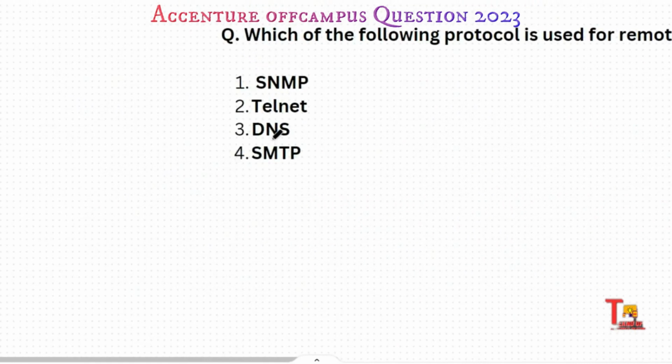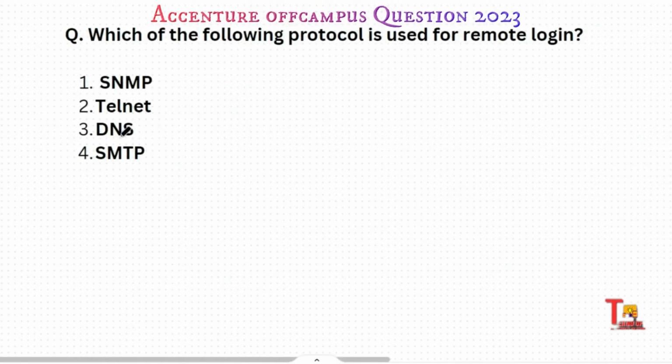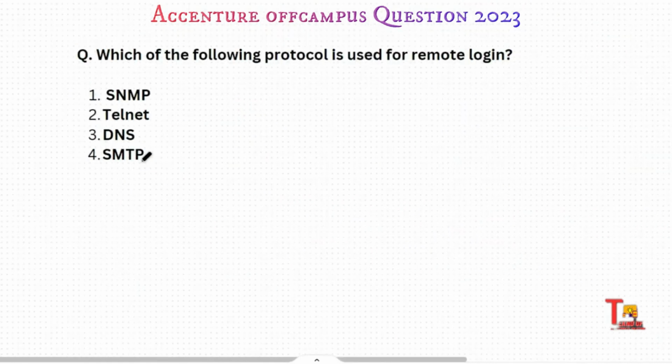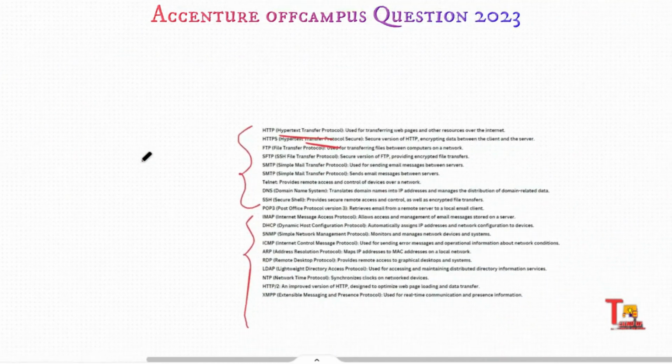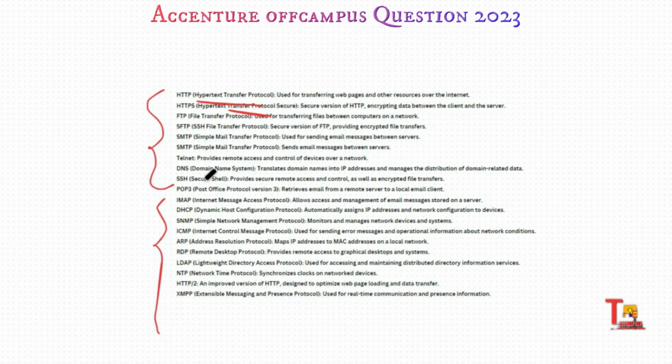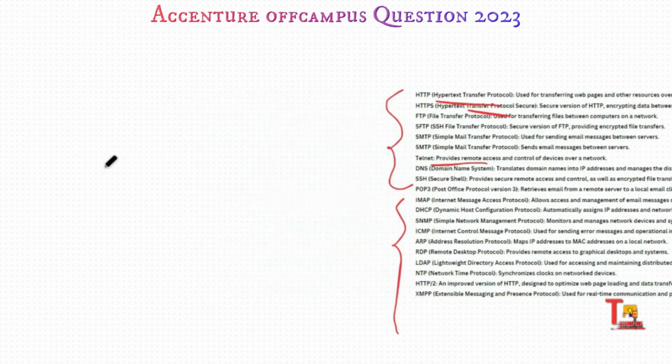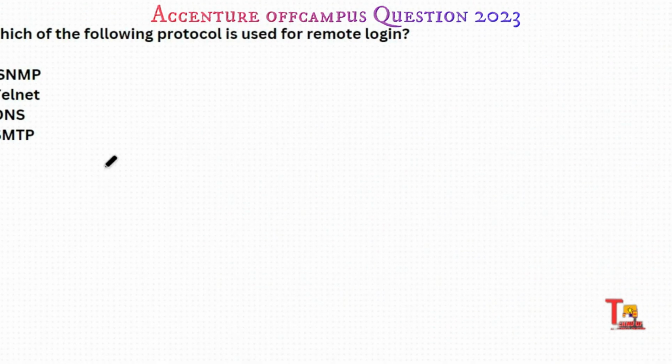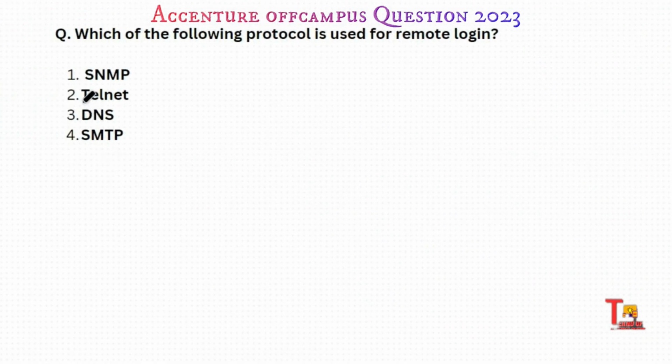And the function of DNS is domain name server, and SMTP transfers email messages between servers, right? So the answer according to the theory will be Telnet, right? Remote access control. So the answer will be Telnet.